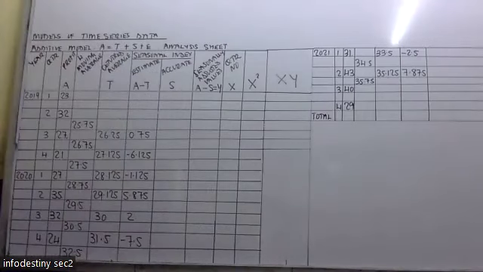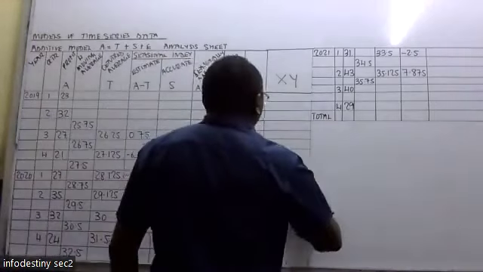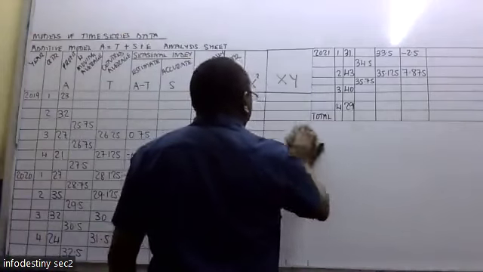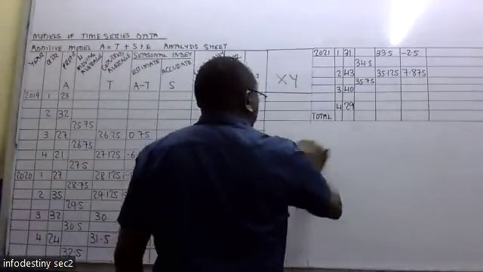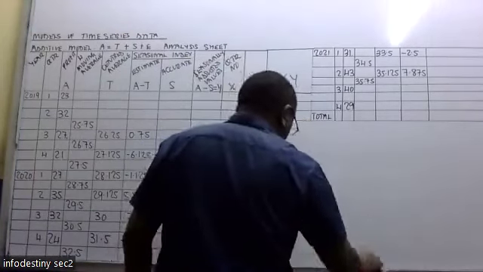So we are okay at that point? Now for this one, we are required to do some computations. So we are going to draw another table down there.